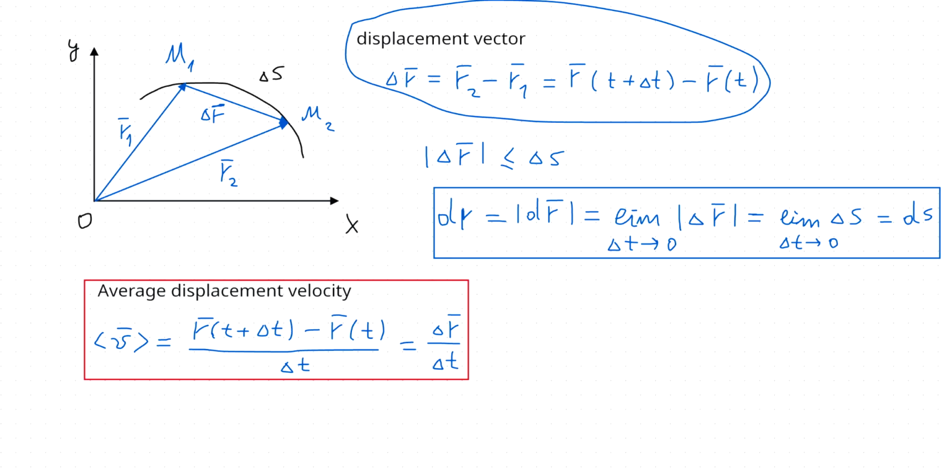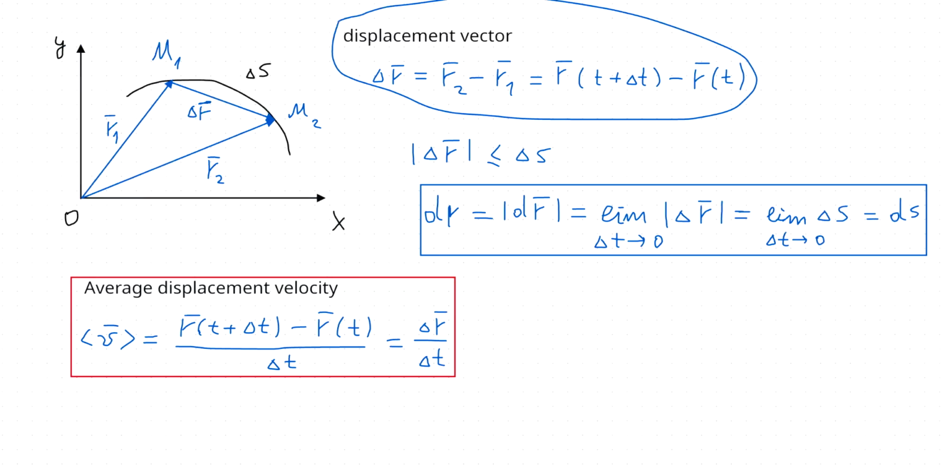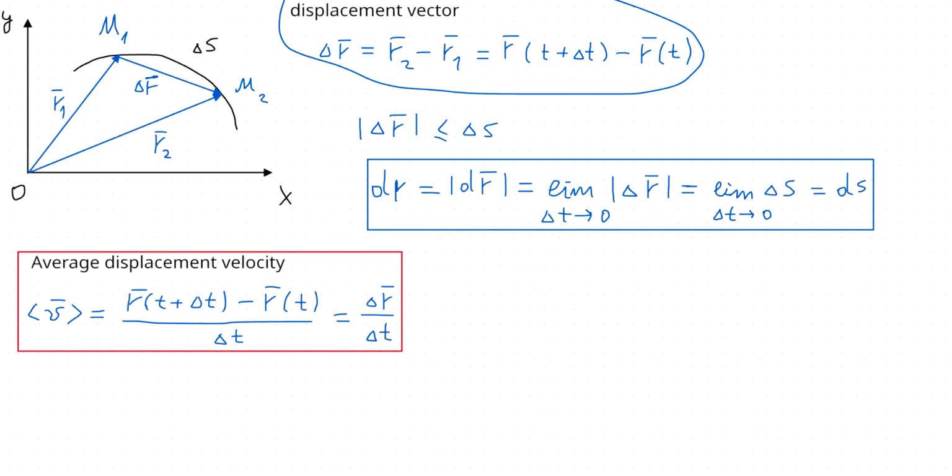And we can notice that the less increase of time we have, the better description of velocity we will get. So to get better accuracy, we have to take less increase of time, and to get the best accuracy, we have to take an infinitely small increase of time.